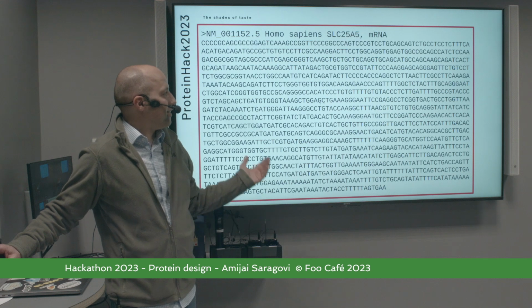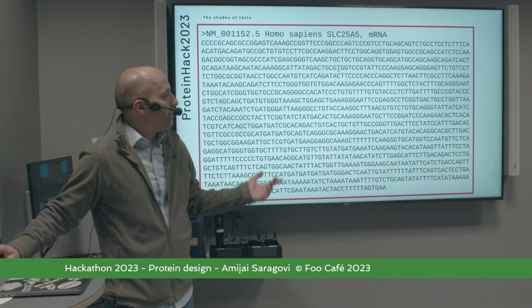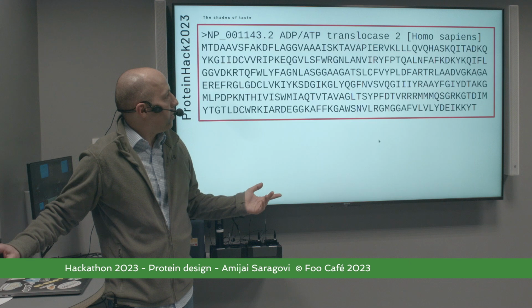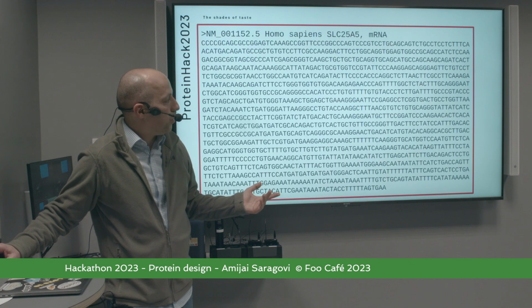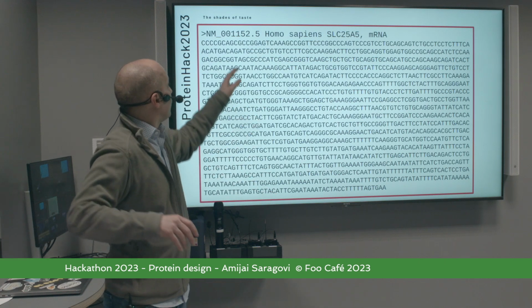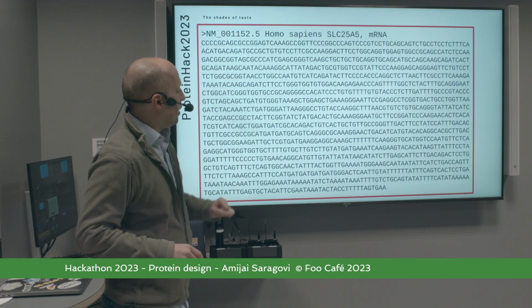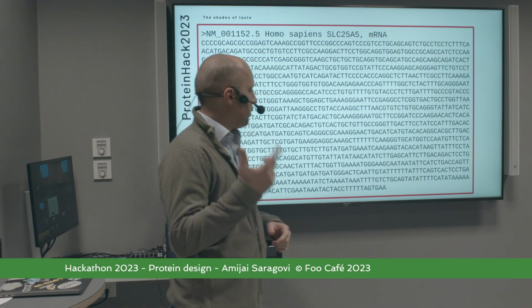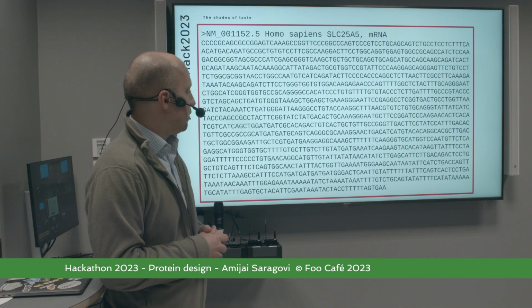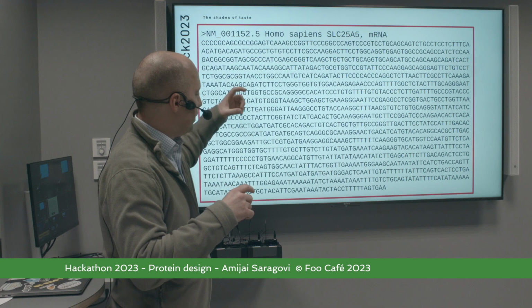And the nice thing is that it's actually translated from DNA. So this chain of amino acids is encoded in this code. Each codon of 3 nucleotides represents basically one unit in the protein.